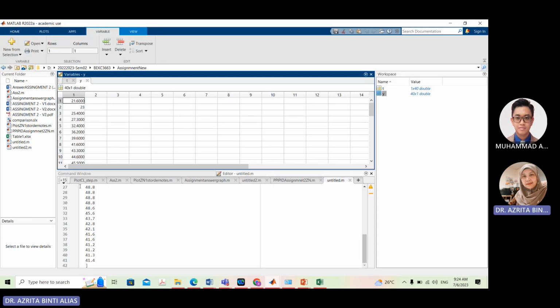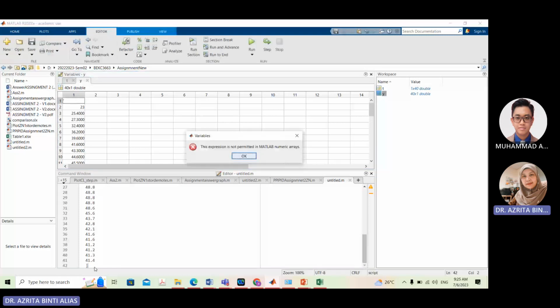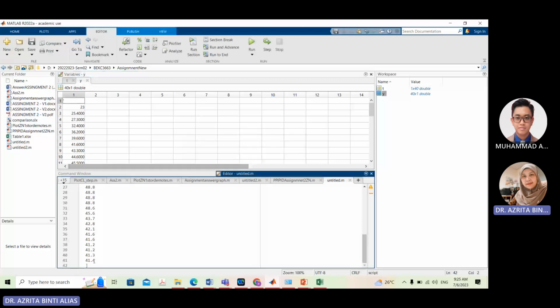So how do we make it the same? Since the Y data is a matrix, do you remember we can transpose it? In MATLAB coding, you just put this symbol, the comma symbol at the top. Transpose. So we run again, and we can see the arrangement of T and Y is the same.